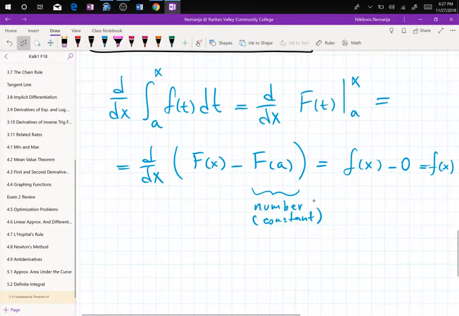The question is, why does it work? Why are the definite integral and derivative opposites? How does it work? Does anyone know? Does anyone think about it?